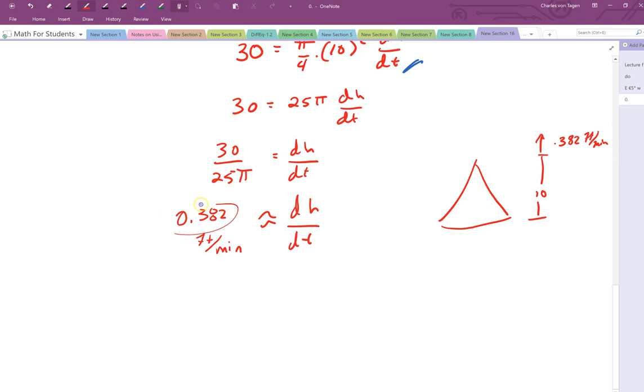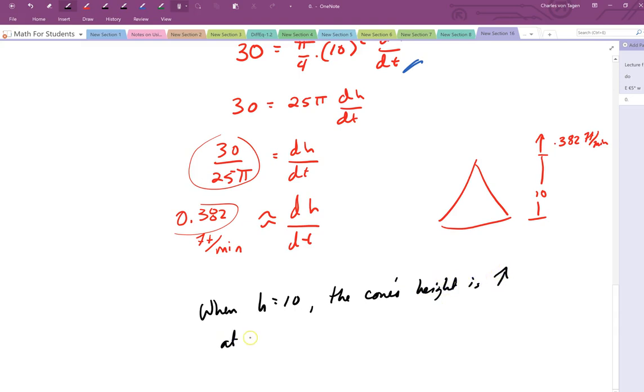I just got this number by simplifying and giving a decimal approximation of that expression. So let's say it like this: when the height of the cone is 10, the cone's height is increasing at, why is it increasing? Because this number is positive, 0.382 feet per minute.